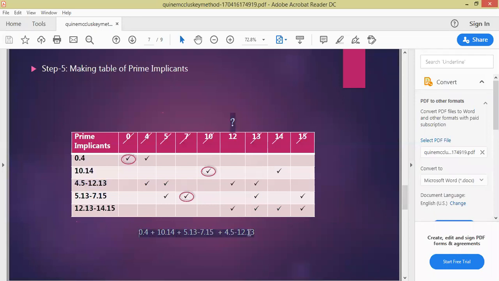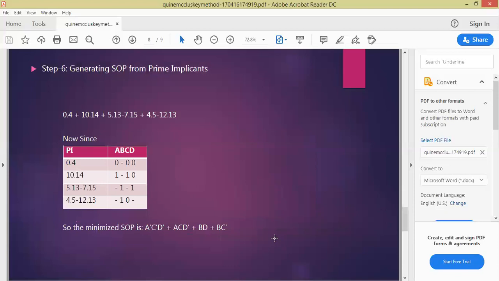So the final result is this, which can be written as: 0, 4 is 0 dash 0 0, that is A bar C bar D bar, then A, C, D bar, B, D, and B C bar. So this is the final minimization result.